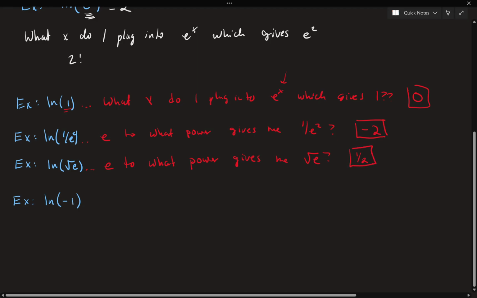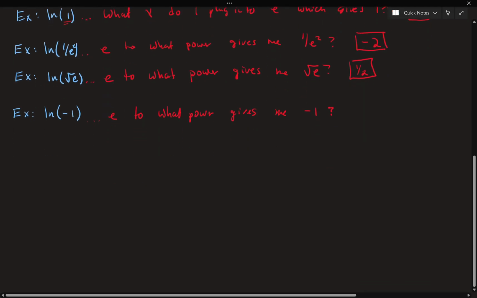And the last one, e to what power gives me -1? Well, you actually can't do it. No power of e gives me -1.